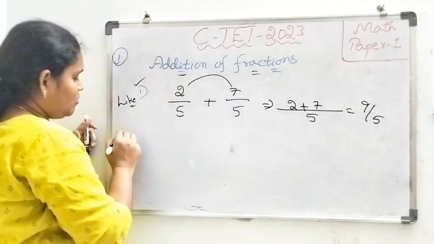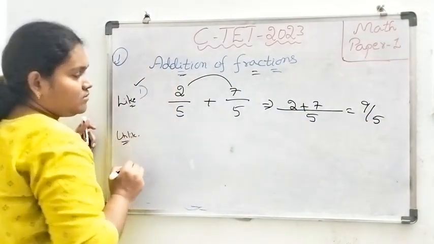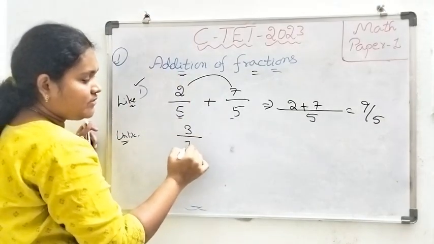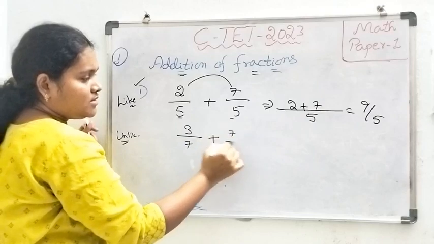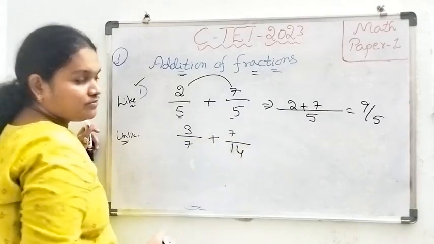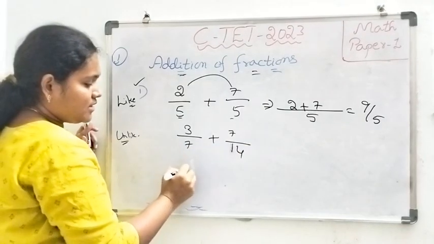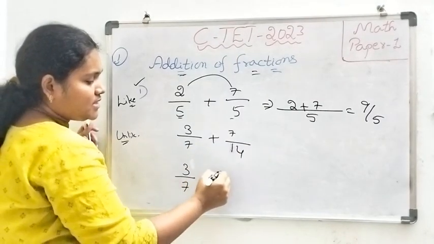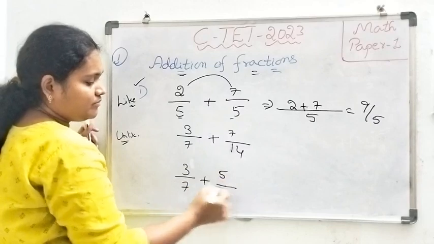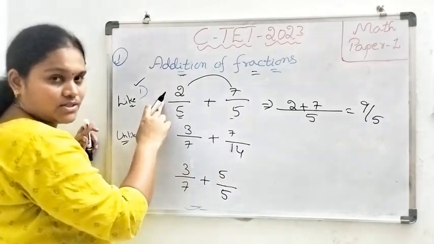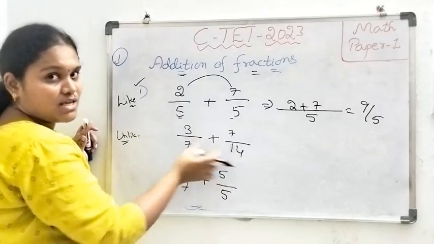Okay. Now unlike fractions. Unlike fractions means the denominators are different. Suppose 3 by 7 and 7 by 14. Right? Now the denominators are different. But in some cases, we can make the denominators equal. We can convert unlike fractions into like fractions if the denominators are multiples.